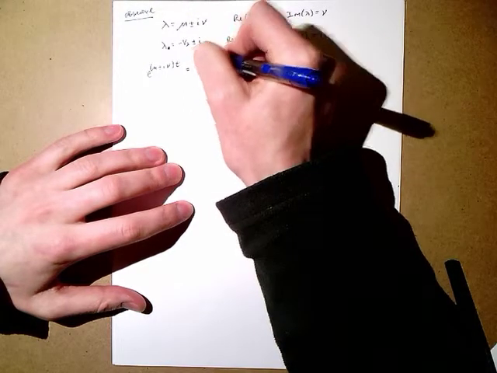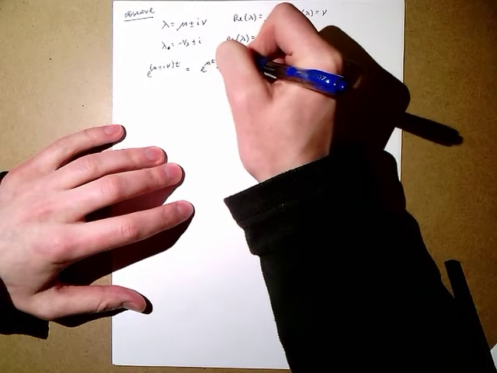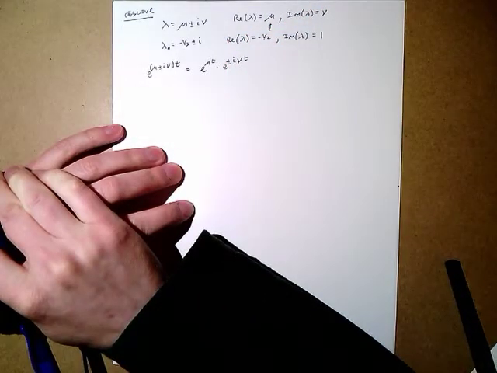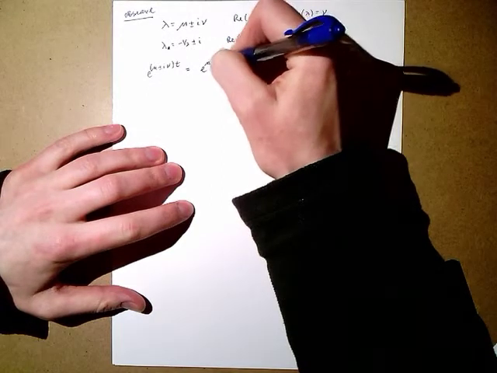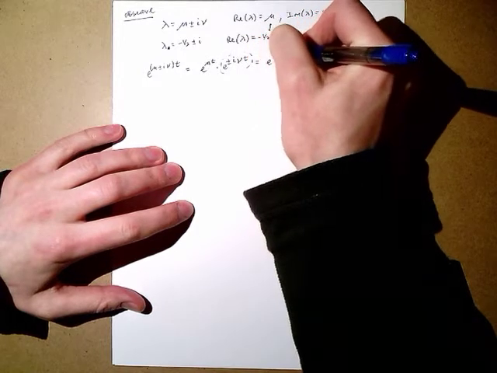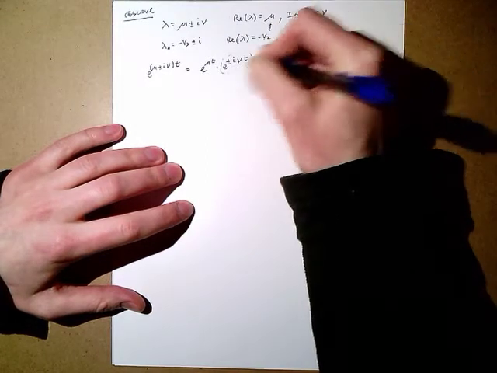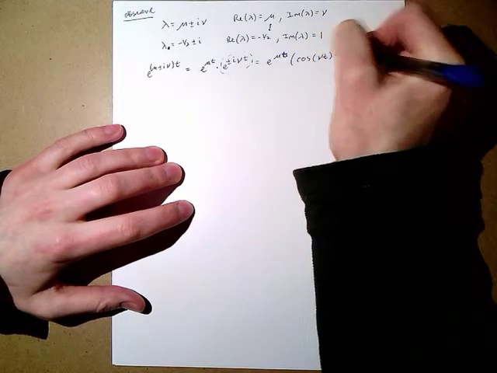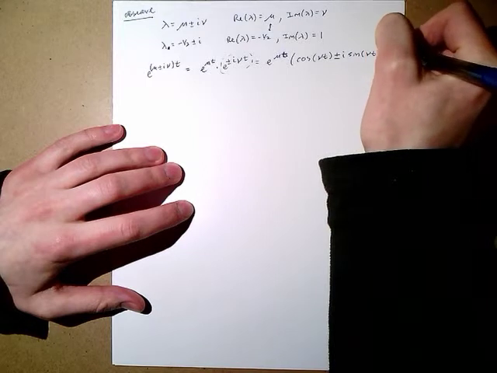We can have e to the mu t times e to the plus or minus i nu t. And this term is what we can apply the Euler formula to. So this is e to the mu t times cosine of nu t plus or minus i sine of nu t.